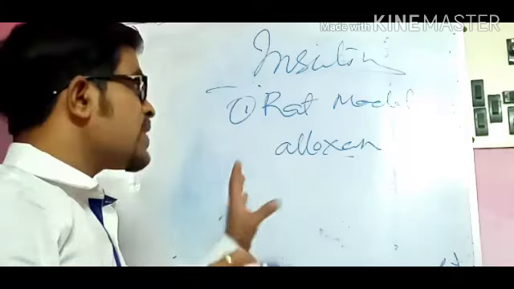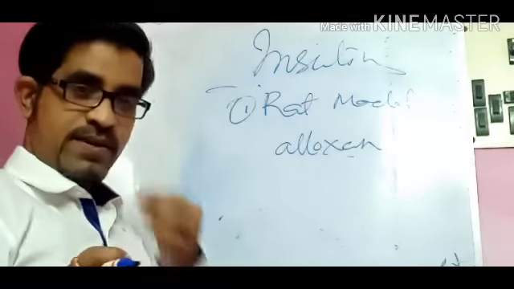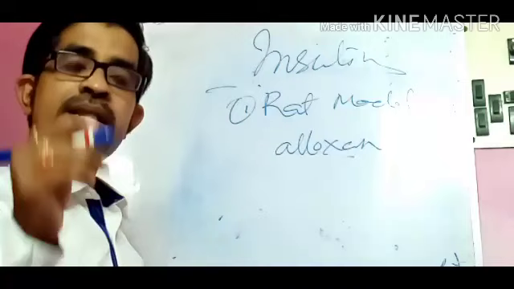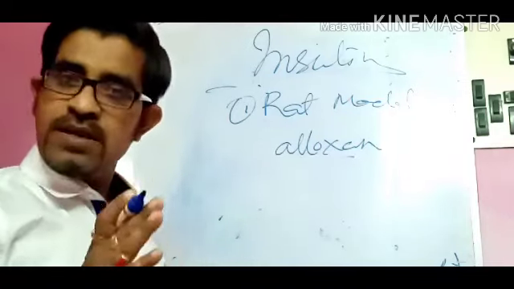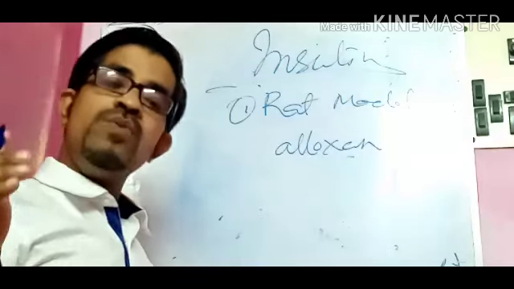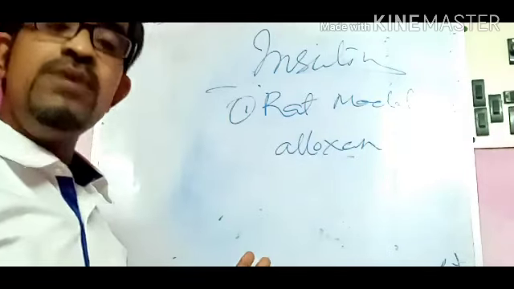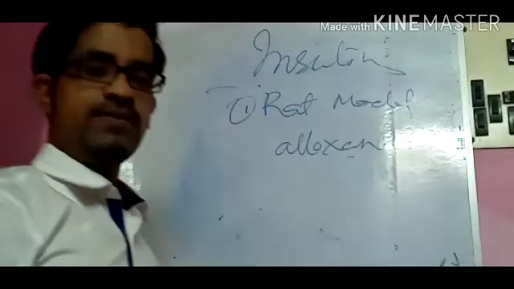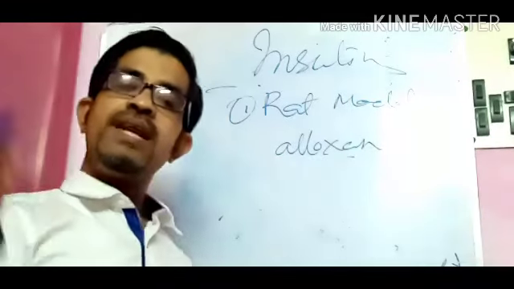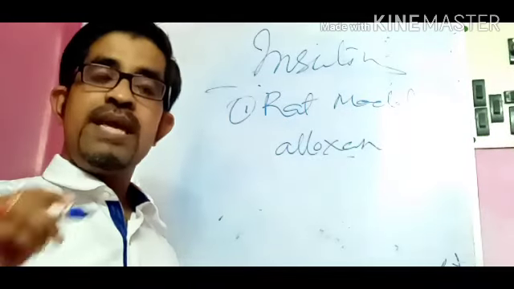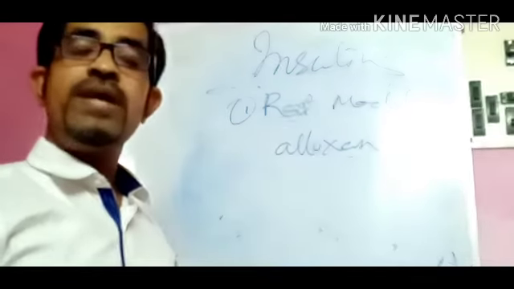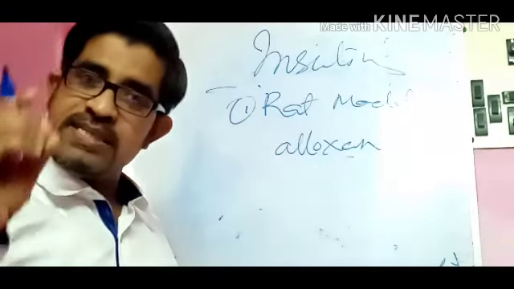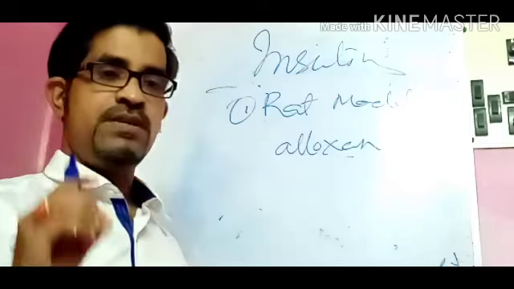So now we will take the hyperglycemic rats. On those hyperglycemic rats, one group you don't give any drug, and for another group you inject the insulin. After injecting the insulin, every 30 minutes you keep checking whether the glucose level is decreasing or not.